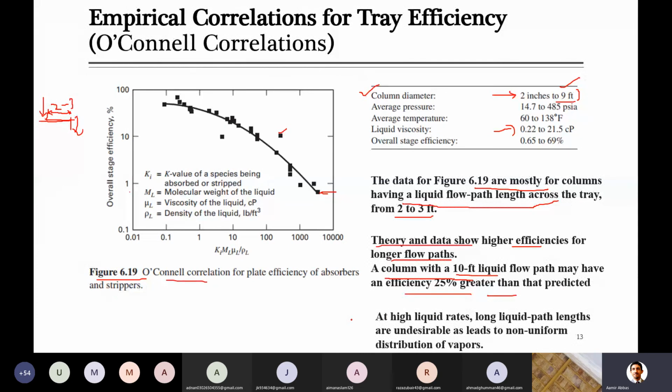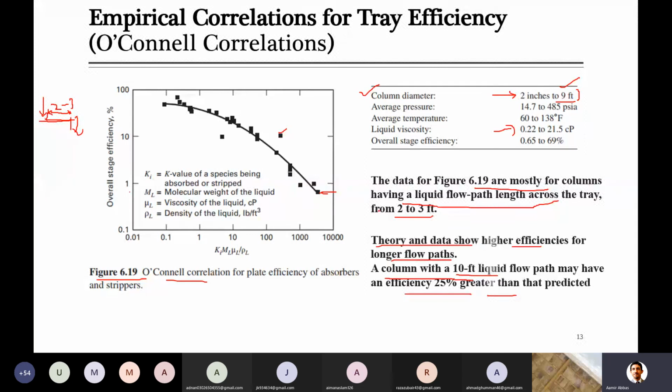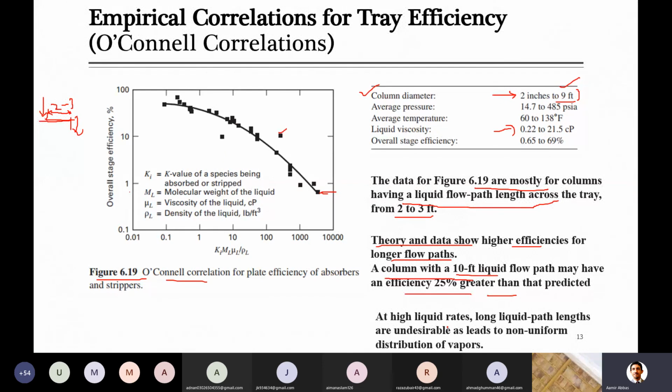But there is another problem with this: they also assumed a few things when they developed this kind of equation. That was low liquid flow rate, as well as this flow path of 2 to 3 feet. But when you have high liquid flow rates, long liquid flow paths are undesirable.